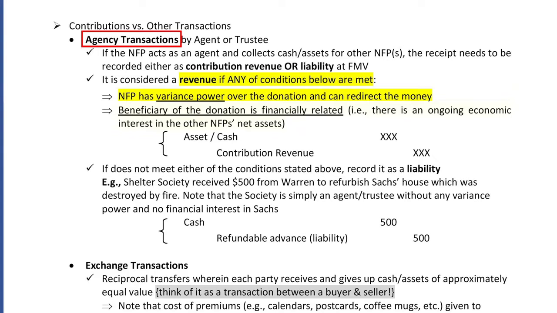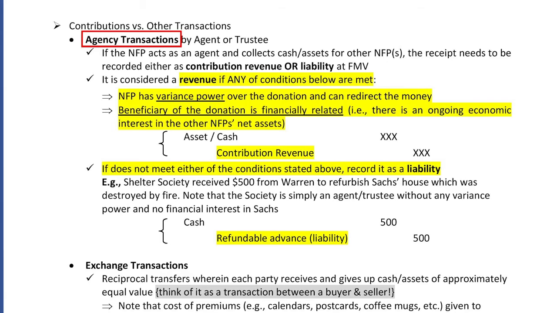Or the beneficiary of the donation is financially related. There's an ongoing economic interest in the other not-for-profit's net assets. And of course, if the contribution is recorded as revenue, the credit would be to contribution revenue. Now, if the receipt does not meet either of the conditions stated above, record it as a liability. So on the credit side, you're going to have a refundable advance or a liability being recorded.